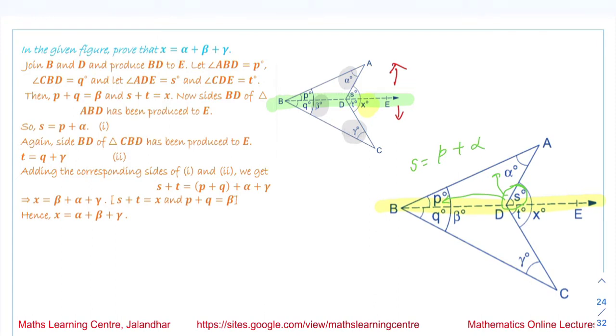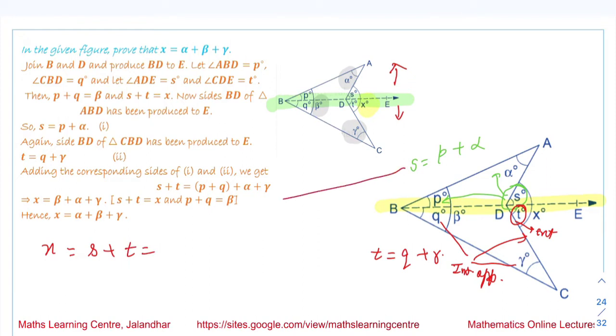Similarly, when we look at this angle T, this is the exterior angle and these two angles, Q and gamma, are the interior opposite angles. So the value of T is Q plus gamma. Now the value of X is S plus T. Substituting the values of S and T, we get alpha plus P plus Q plus gamma.